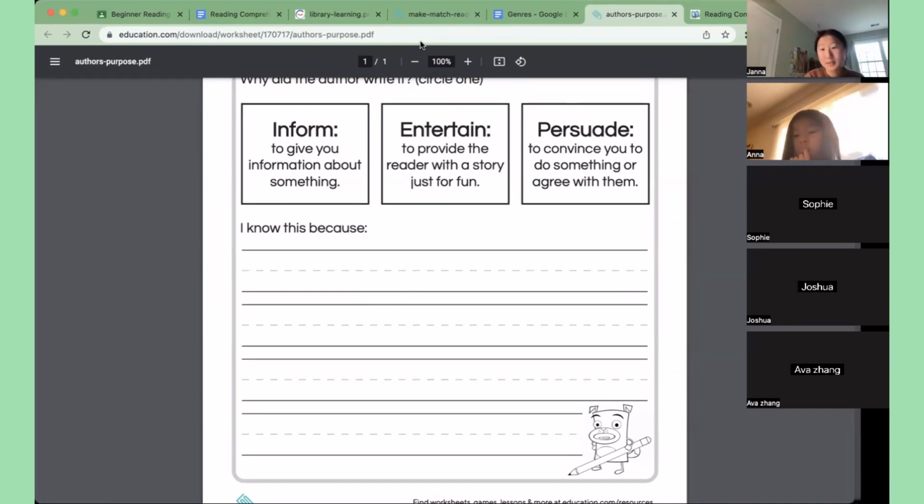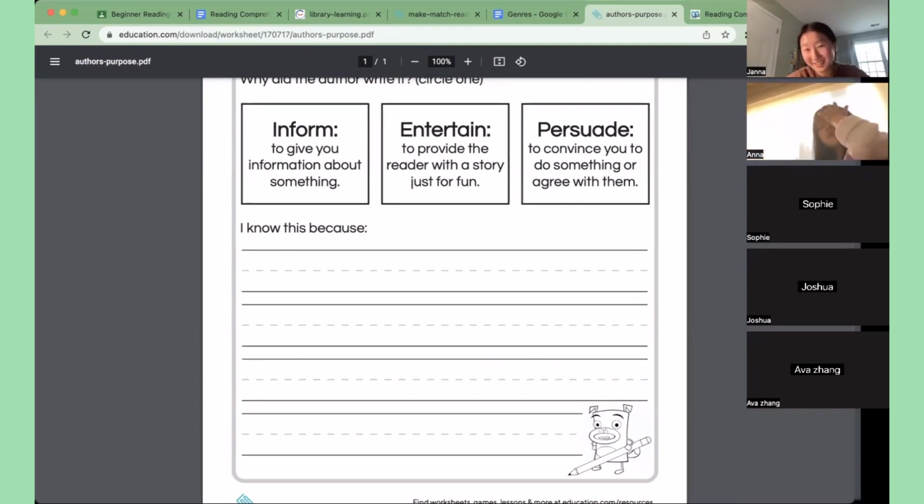Okay, Anna says entertain. Does anyone else have any other opinions or thoughts? I think it's entertain. Yeah, so you guys are right, it's to entertain. Can you guys explain why you think it's entertain? Because basketball is fun.